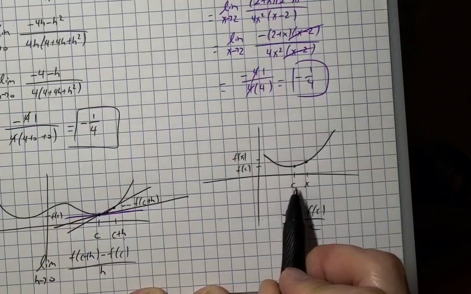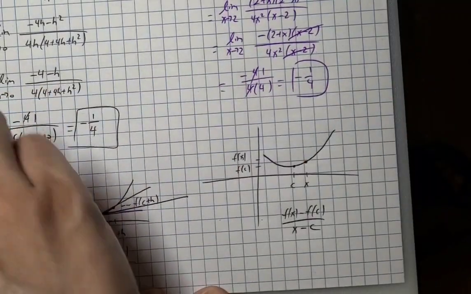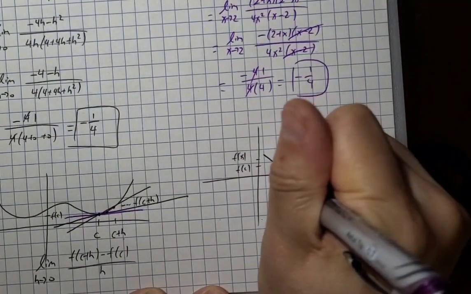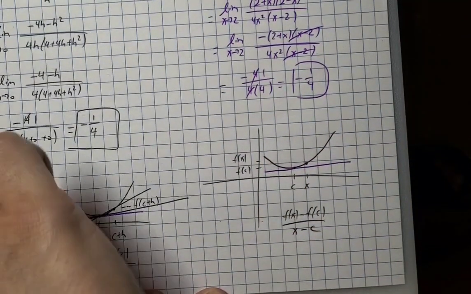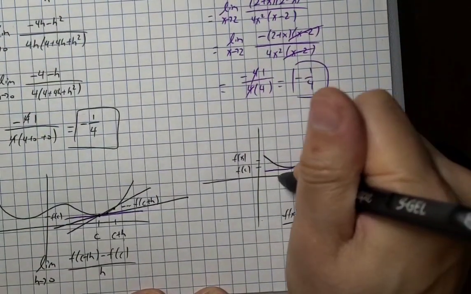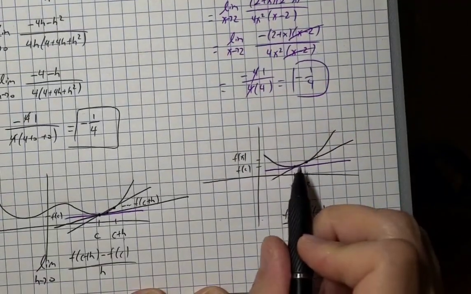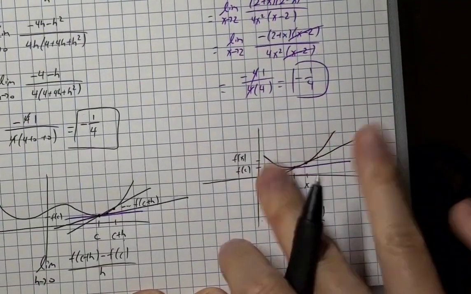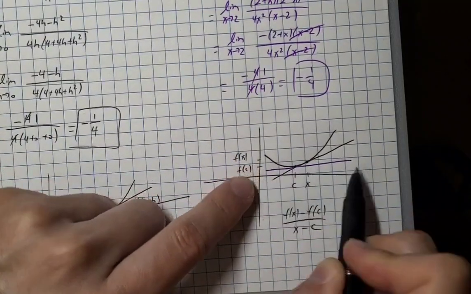And as this point approaches C, the slope gets closer. So let me draw the line again. So this is, let's say this is the slope, the purple one again. Hopefully on camera you can see the colors. This is the secant line approximation, and then as we get closer, you'll see the slope of this line will get flatter and flatter to match this purple one.